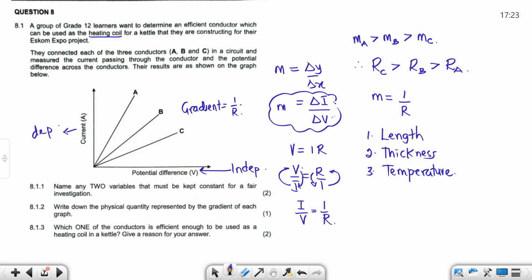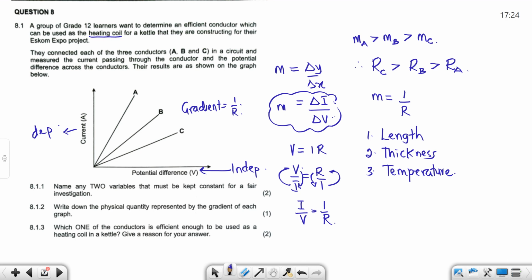The thicker the wire, the lower the resistance. The longer the wire, the higher the resistance. The higher the temperature, the higher the resistance. I'll repeat. The longer, the higher the resistance. The thicker the wire, the smaller its resistance. The higher the temperature, the higher the resistance. So all of this would affect resistance. So they must be kept constant.